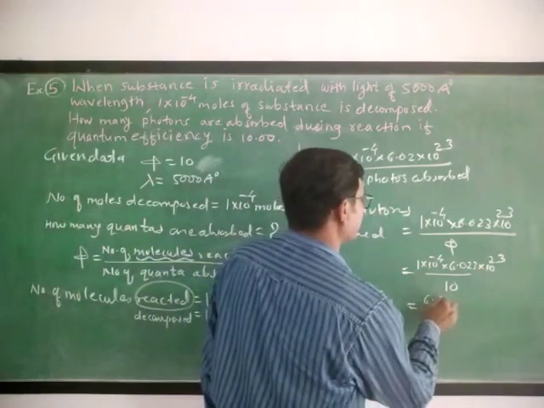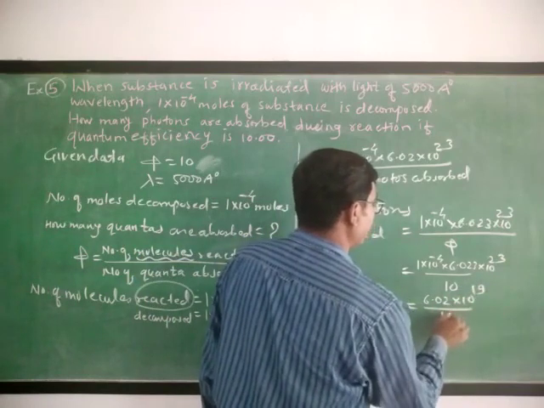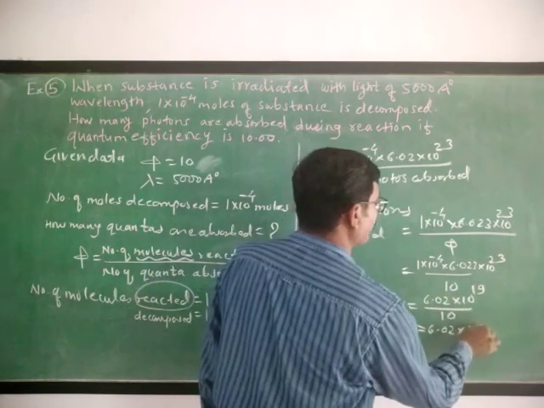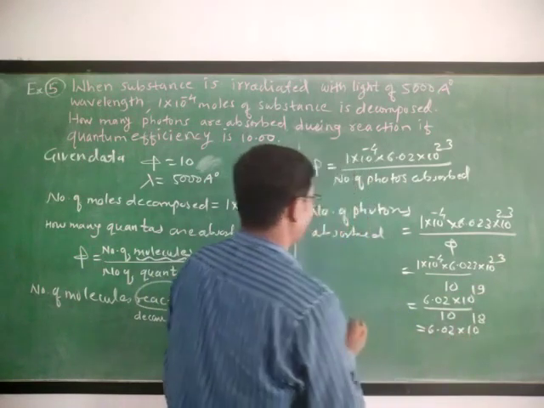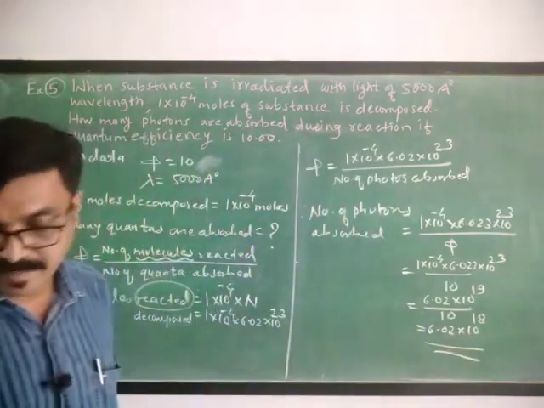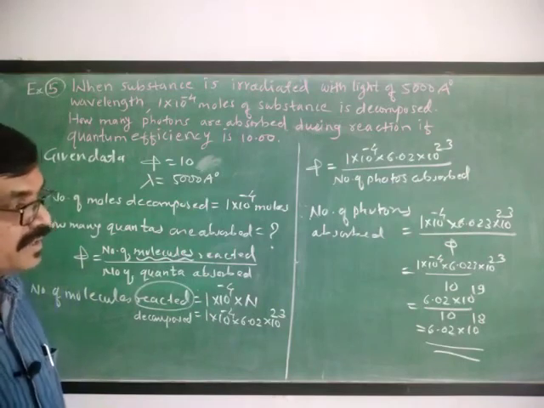That's why 6.02 into 10 raised to power 19 divided by 10, again 6.02 into 10 raised to power 18. So many photons were absorbed, means number of photons absorbed is equal to 6.023 into 10 raised to power 18.